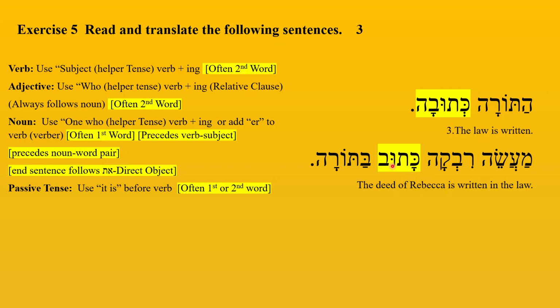So this is your passive tense again, is written in the law. So the deeds of Rebecca aren't doing the writing. The deeds of Rebecca are essentially receiving the writing. Okay? Deed of Rebekah is written in the law.